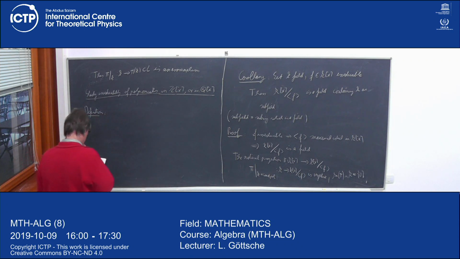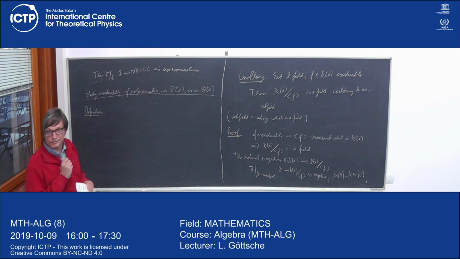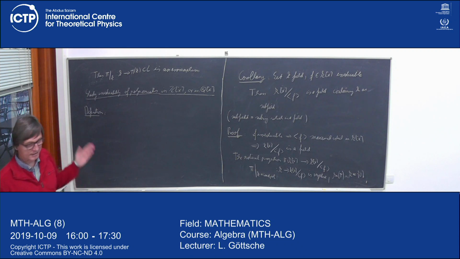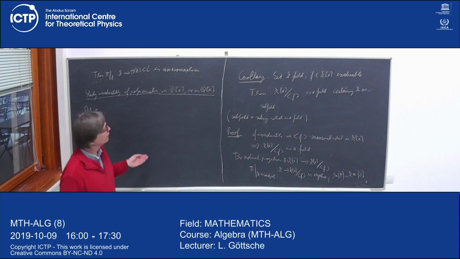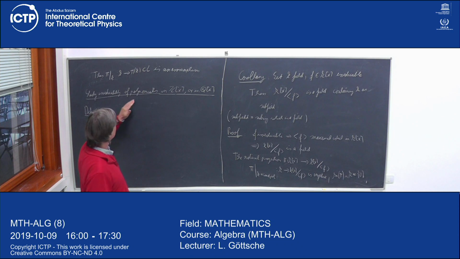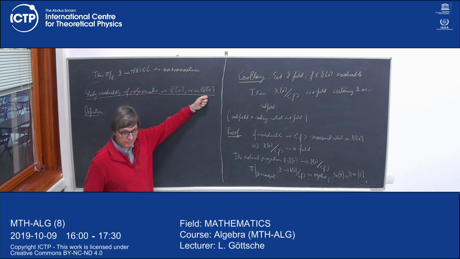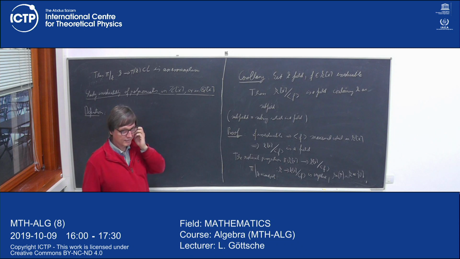So when a polynomial in Z[x] is irreducible in Z[x] and in Q[x], we want to compare this, so when this is the same or different.